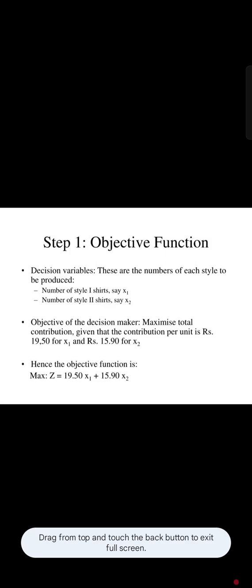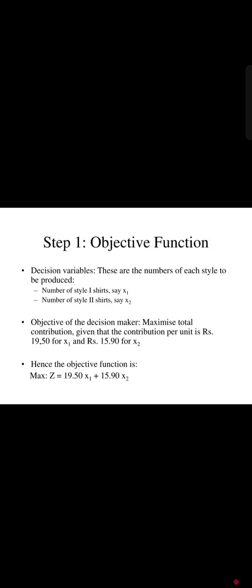Here the decision maker wants to maximize profit. Hence the problem is maximize Z equal to 19.50 x1 plus 15.90 x2. This is the objective function. Then step second, the constraints: the availability of cotton thread.